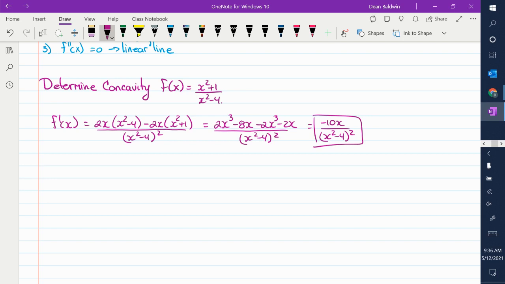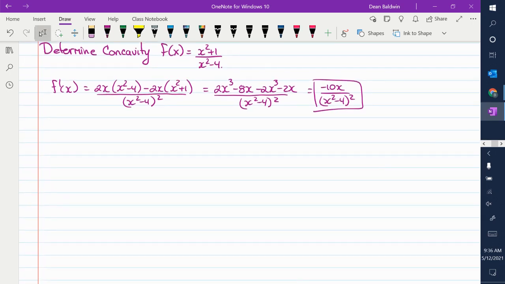Do people have the first derivative yet? There's the first one. All right, now we have to find the second one. So take the derivative of that.